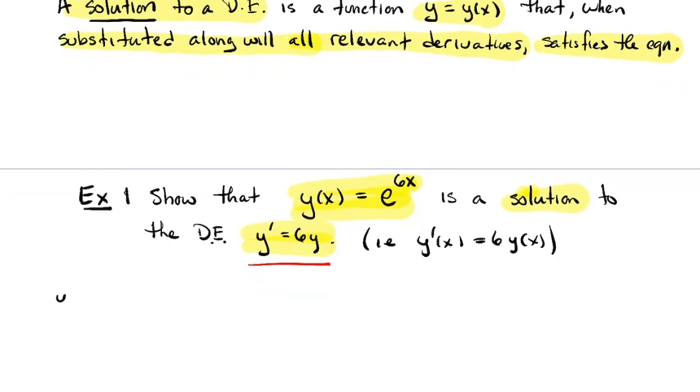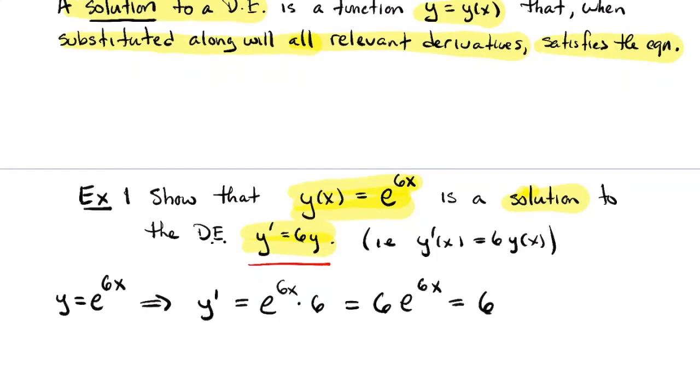So if y is equal to e to the 6x, then its derivative, y prime, is, by the chain rule, e to the 6x times 6, or 6e to the 6x. And you can see, that's 6 times y, right? Because e to the 6x itself is y.